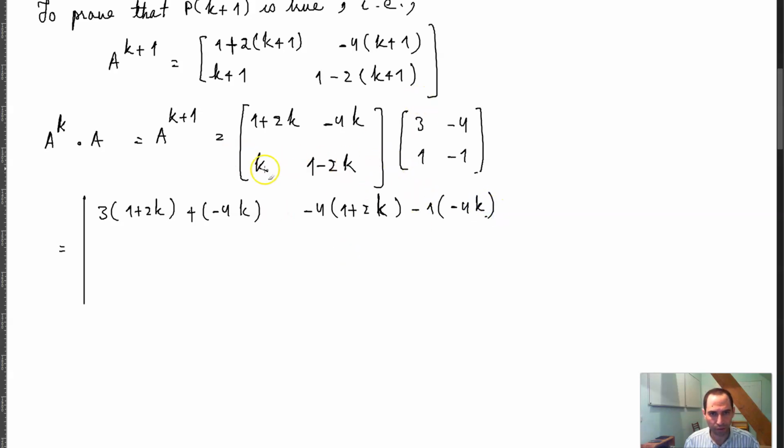This row times this column would be 3k plus 1 times 1 minus 2k, and this row times this column would be negative 4 times k, negative 4k, negative 1 times 1 minus 2k.